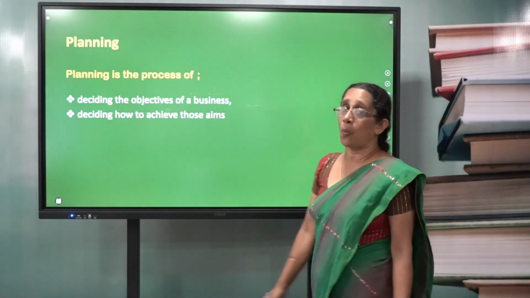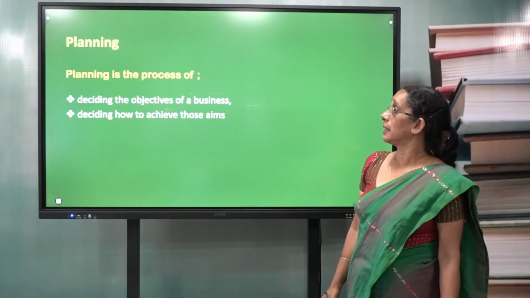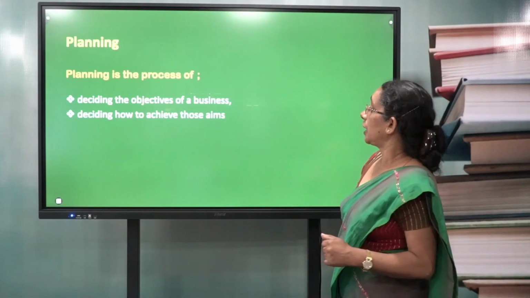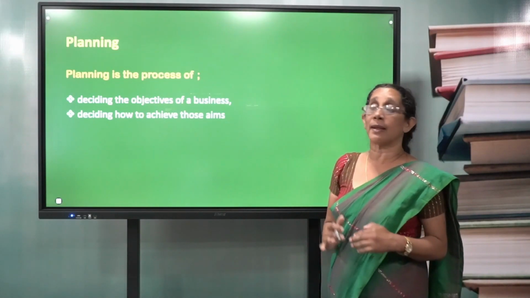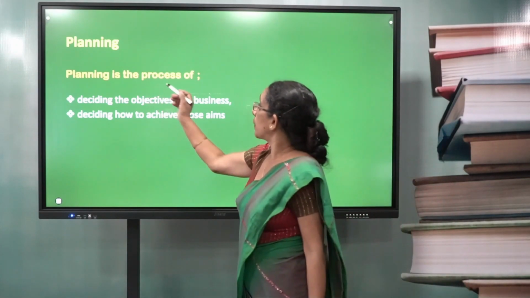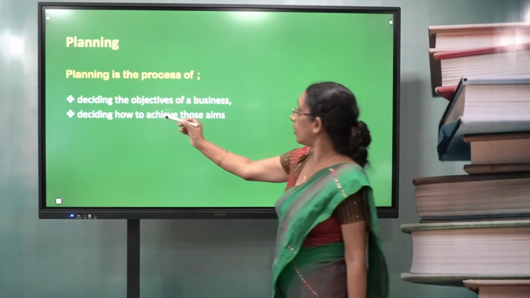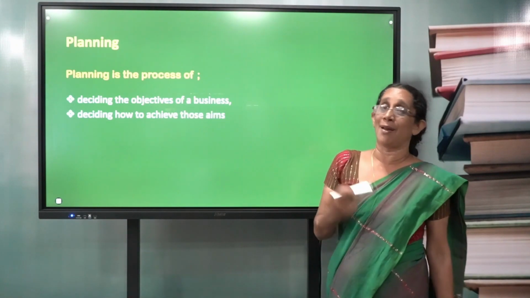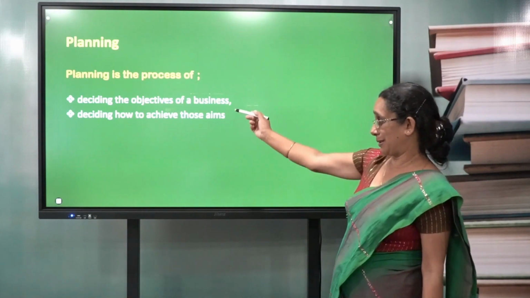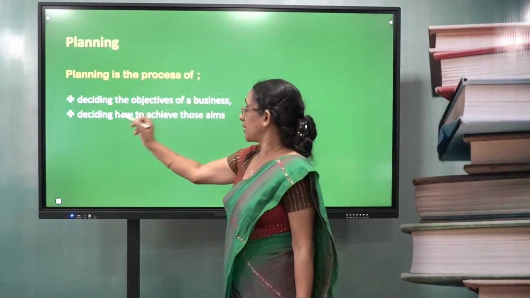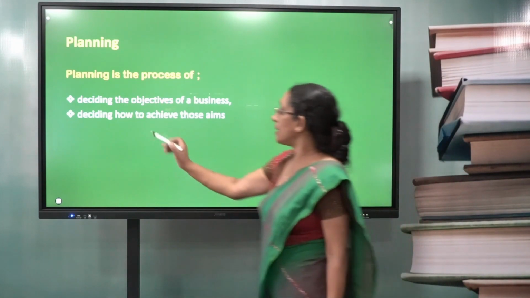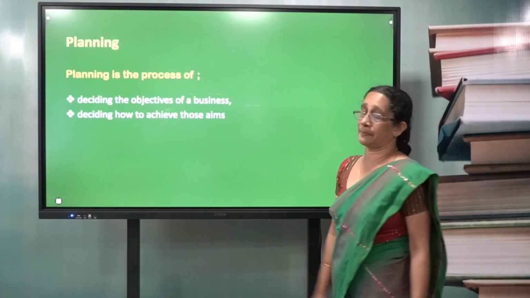Yes. What is plan? Now, you also plan your day-to-day activities. Even businesses, they plan their activities. Planning is the process of deciding the objectives of a business. Since we are discussing about businesses, I am talking about businesses, yes. Planning is the process of deciding the objectives of a business and deciding how to achieve those aims.